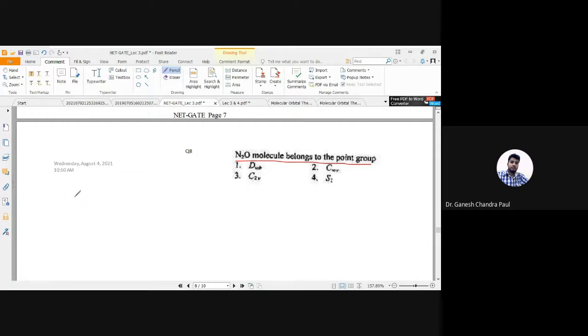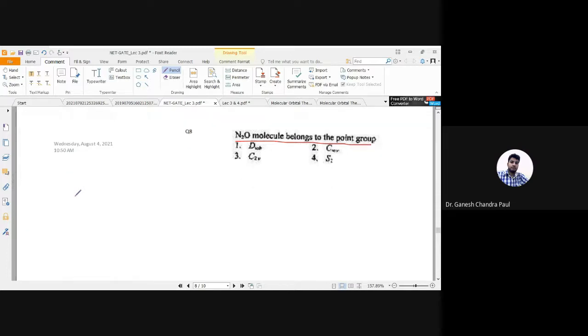That question came as a 2 marks question in the NET CSIR exam. Tell me the answer. What is the answer? Even if you are wrong, tell me, why are you not responding?